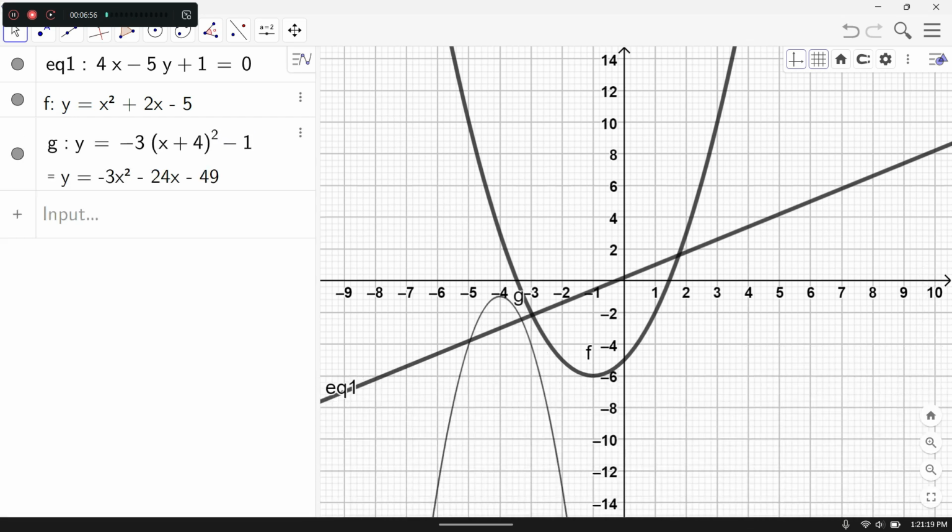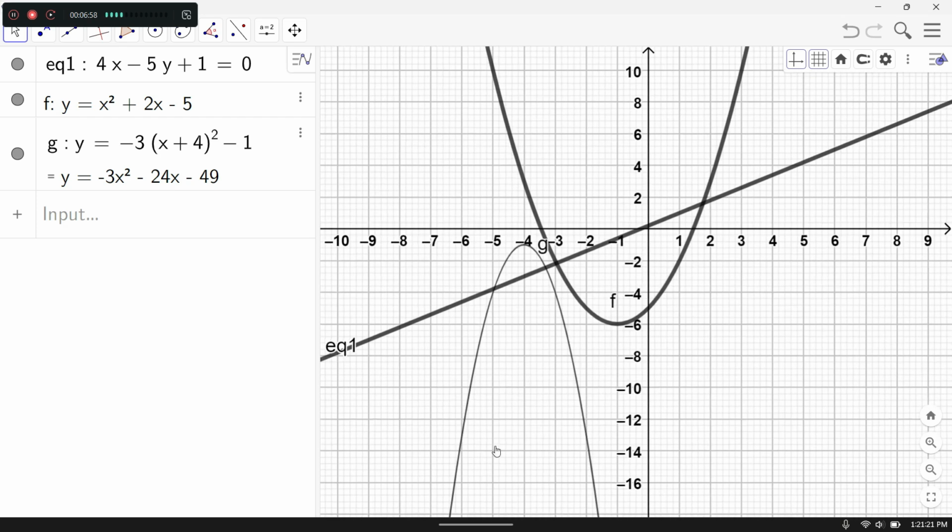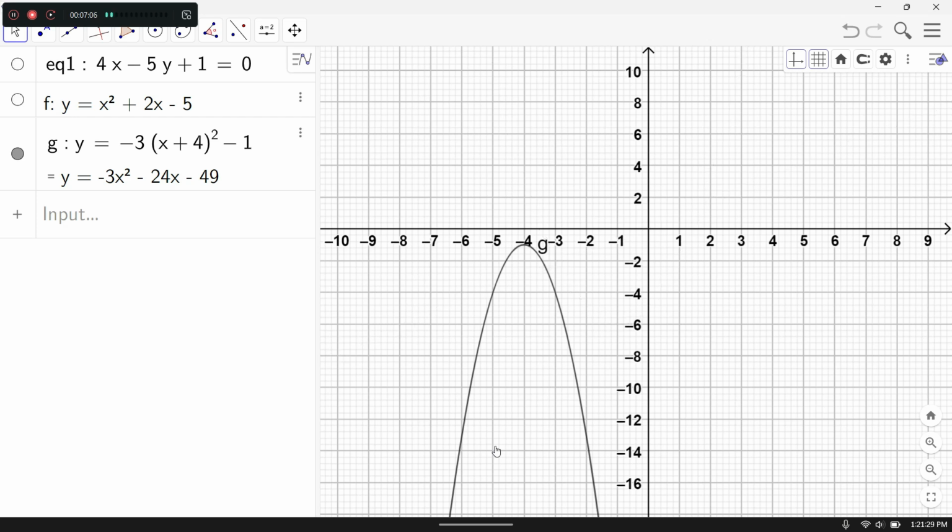Let's just erase this. Linear, so a linear function or linear equation, we have a straight line. A U-shaped graph is called a parabola. So this is the vertex form. That's negative 3 times x plus 4 squared minus 1.